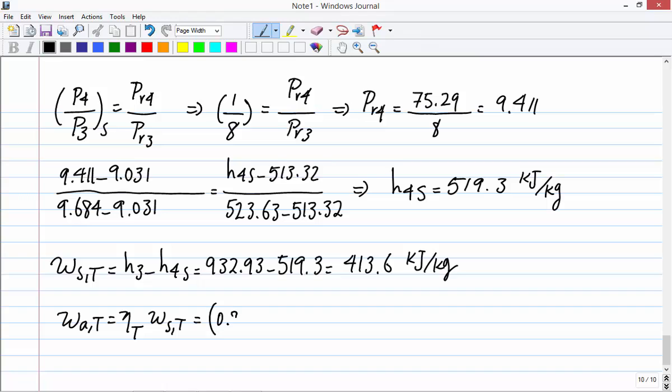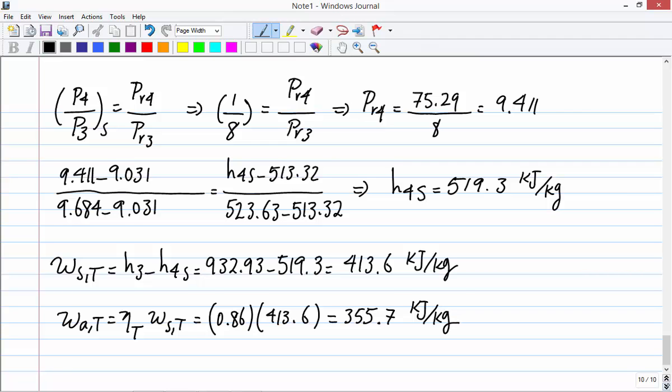Now 86% is the efficiency, and the isentropic work is this, so the actual work is 355.7 kilojoule per kilogram. Great.